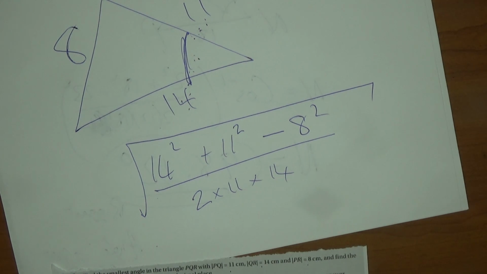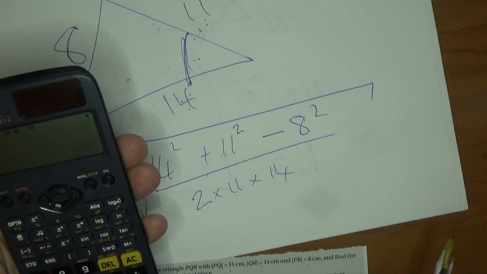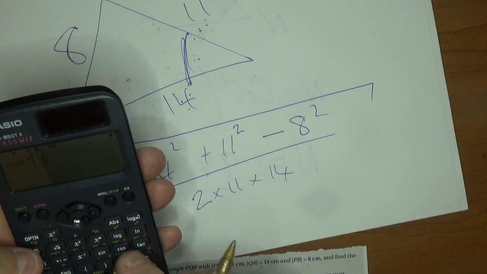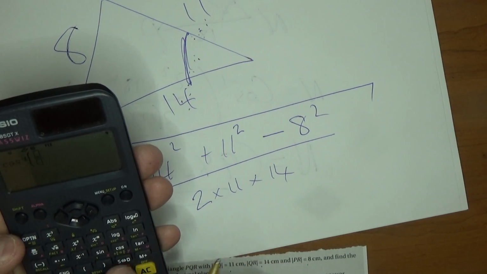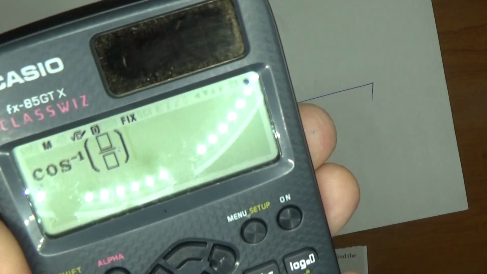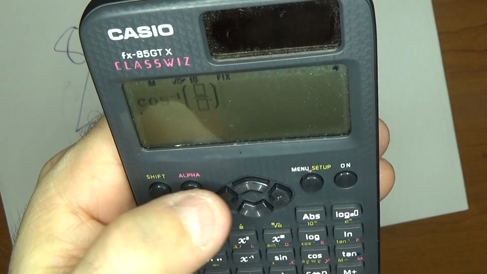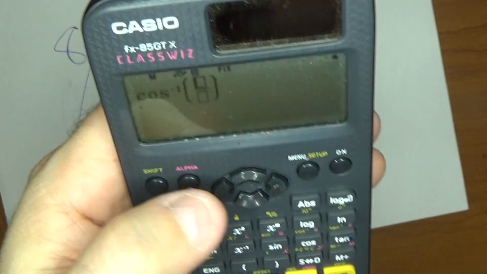Okay, that's the smallest angle. The calculator: shift, cosine, fraction bar. Maybe it would be worthwhile closing that at the beginning once you're fresh, in case you end up doing all the work and then forgetting to close it, you'll be kicking yourself.